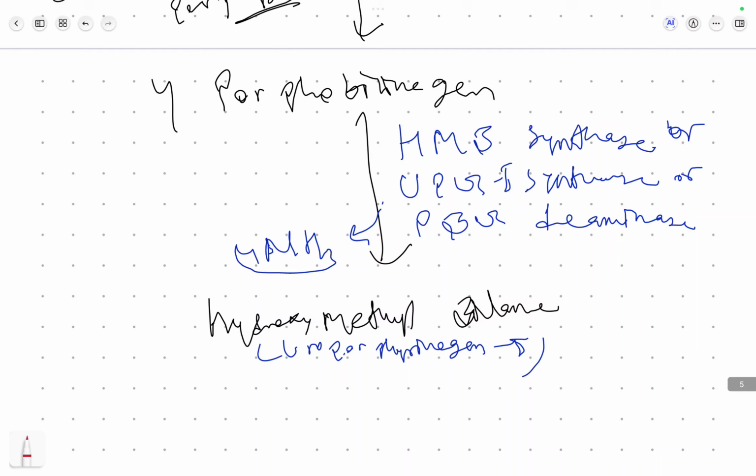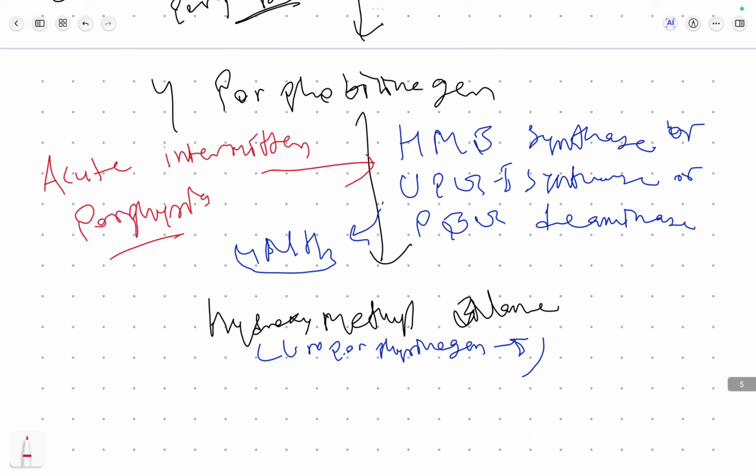If there is deficiency of this enzyme, then what will happen? Then we will get acute intermittent porphyria. Now let's see one thing: this step is very crucial.